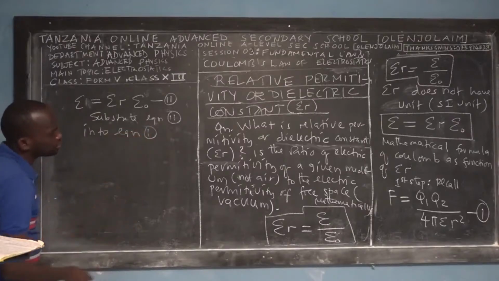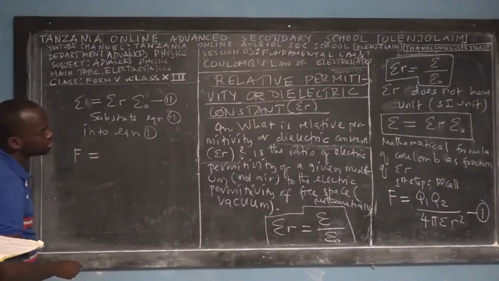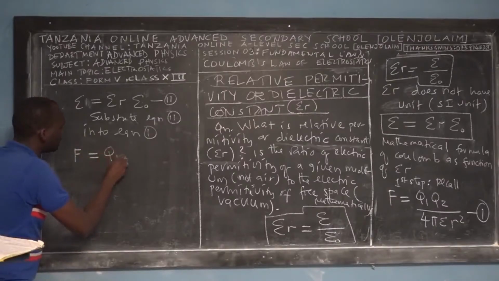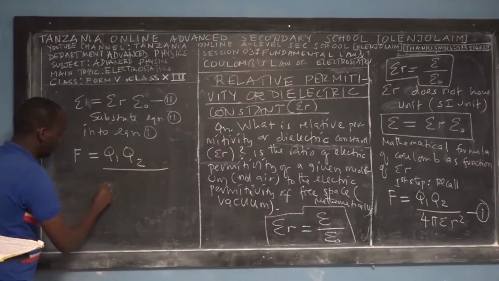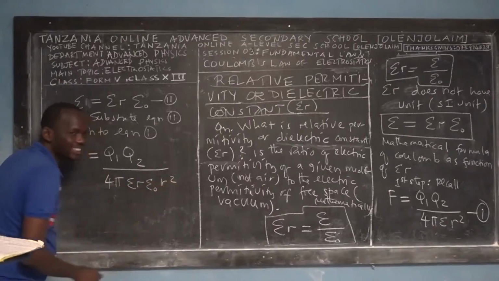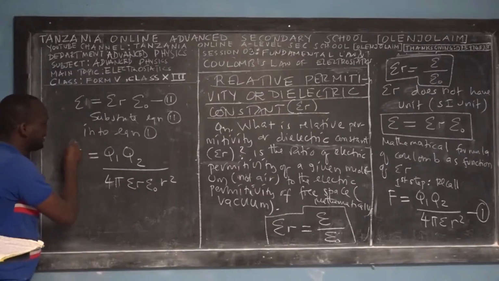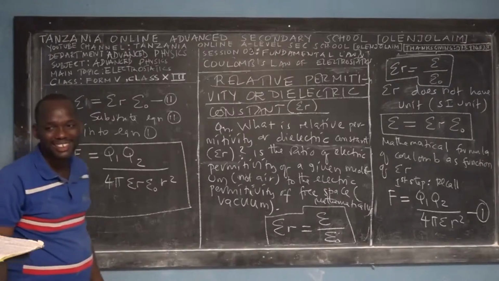Force is equal to Q1 times Q2, and then here we have 4 pi times relative permittivity times permittivity of the medium, R square. Beautiful. You have many mathematical formulas of Coulomb.